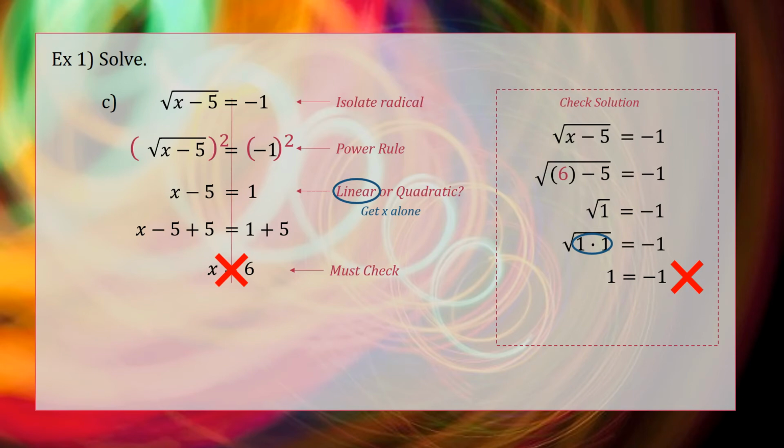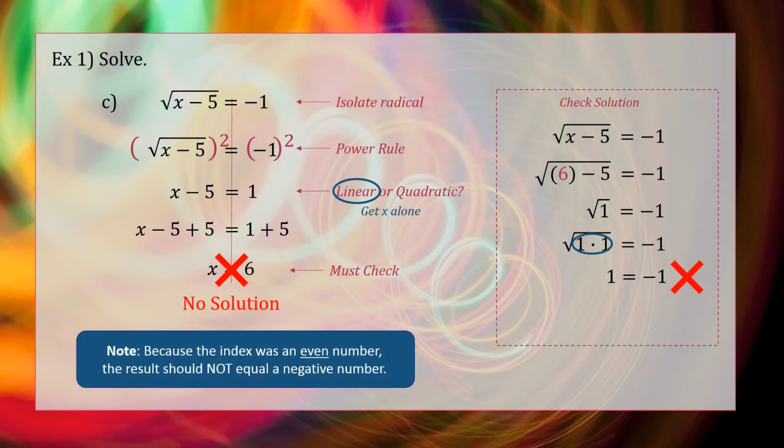Do I have a second answer as a backup? No. So what do we put as our solution? Well, we use the phrase no solution. Now, here's something I do want you to notice. Look back at the original problem. Because the index was an even number, such as a square root, the result should not equal a negative number.